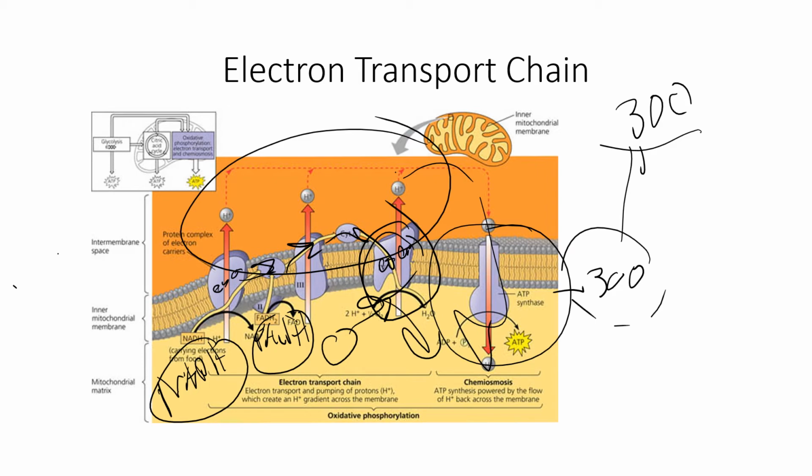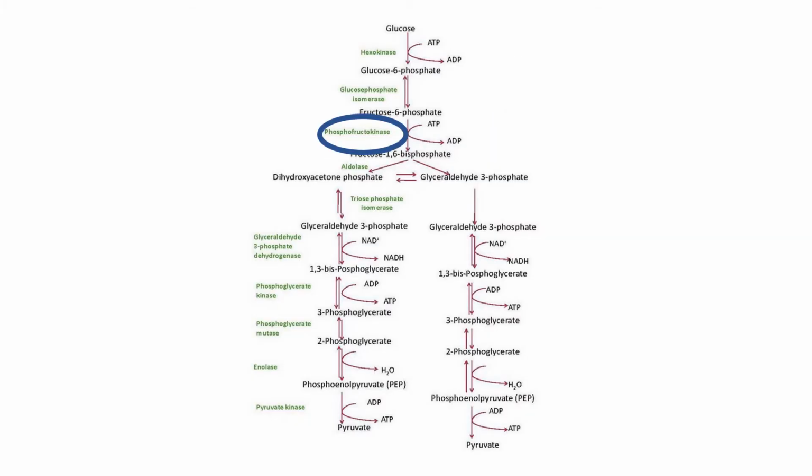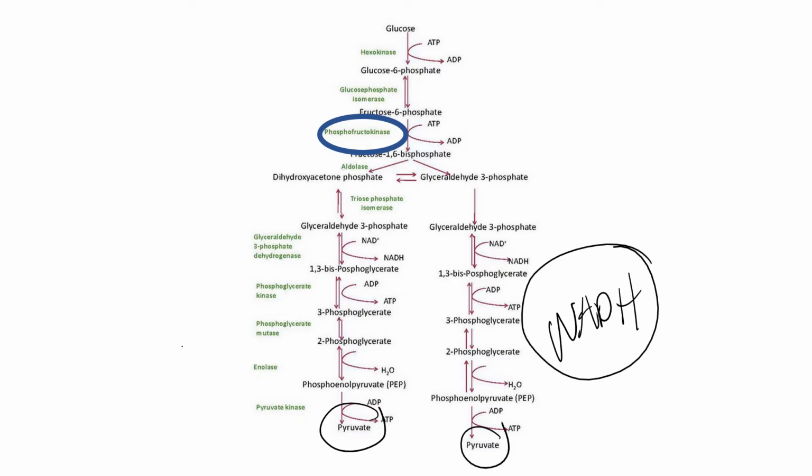And this brings us back to glycolysis. As long as the electron transport chain can keep running fast enough to consume all of the NADH and FADH that's being created, meaning enough oxygen is coming to the electron transport chain to allow it to run fast enough, then the pyruvate and the NADH that's being made by glycolysis is going to keep entering into the mitochondria because that's where it wants to go, right?